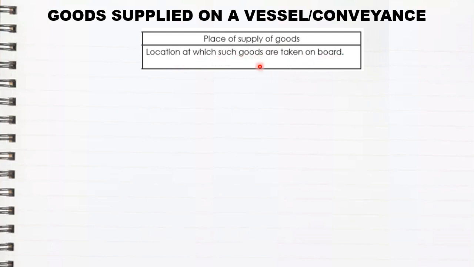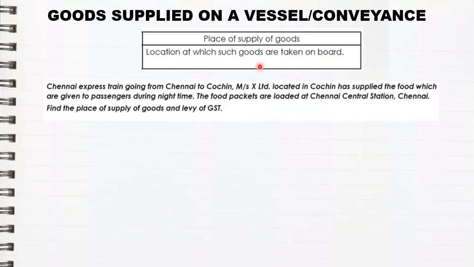Let us take this example to understand what this means. Chennai Express train is going from Chennai to Cochin. X Limited located in Cochin has supplied the food which is given to the passengers during night time. The food packets are located at Chennai Central Station, Chennai, and they ask us to find the place of supply.